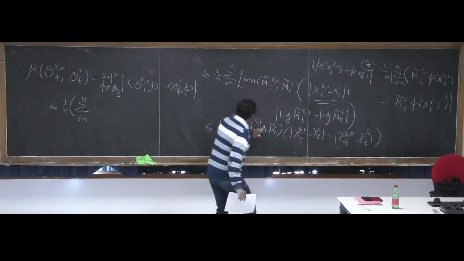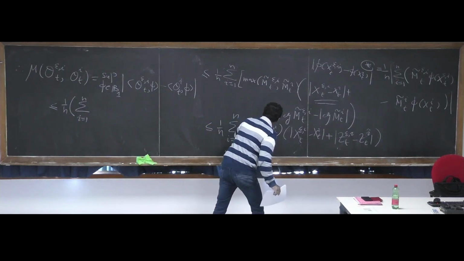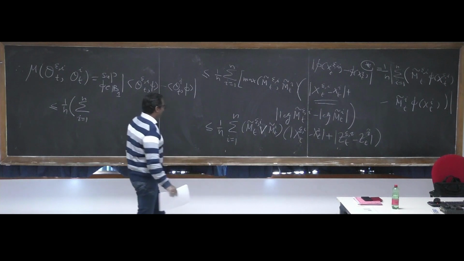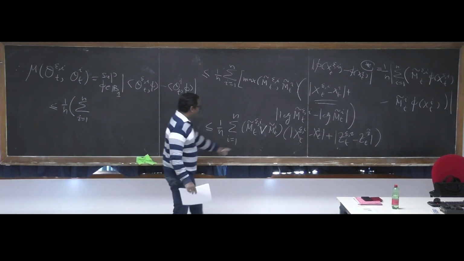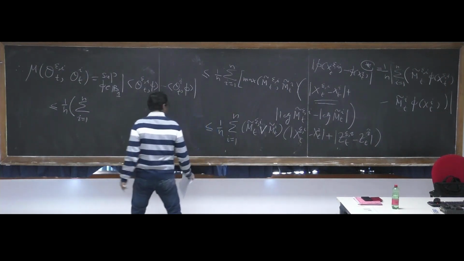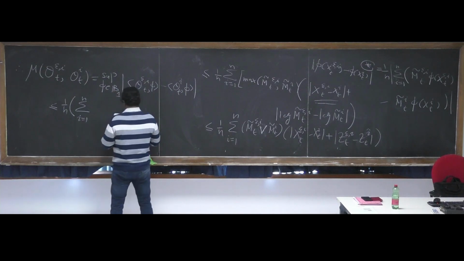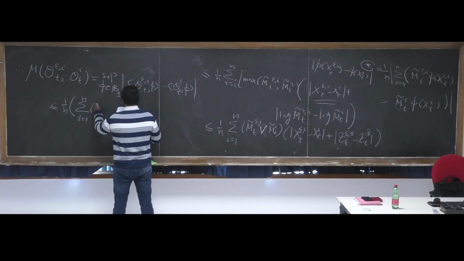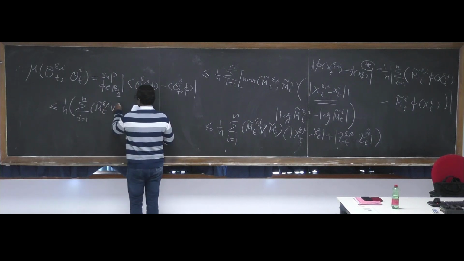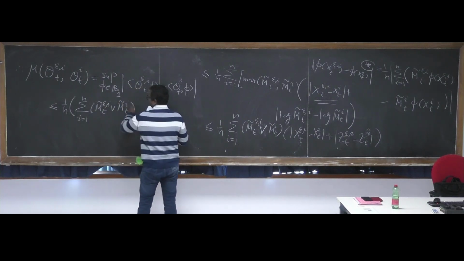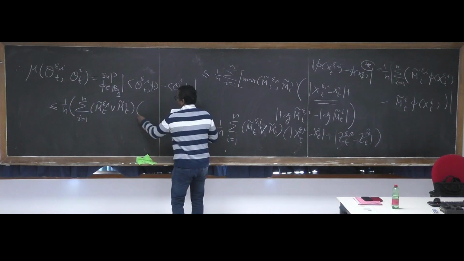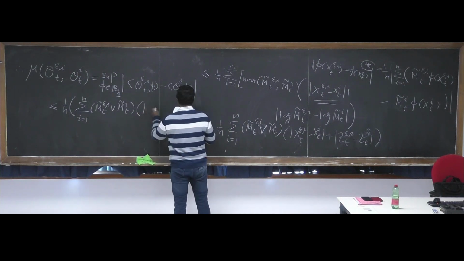Oh, I'm sorry, the notation for maximum is the other way around. This way around. M tilde^ε_{I,t} minus m tilde_{I,t}, right, times x.